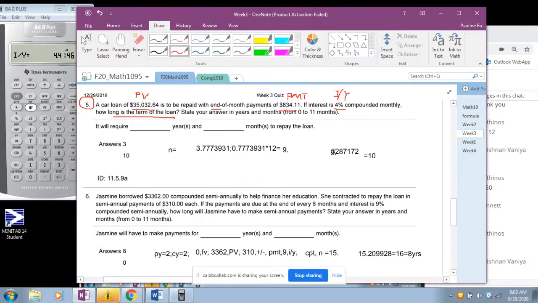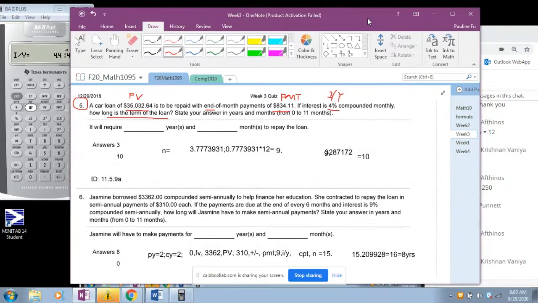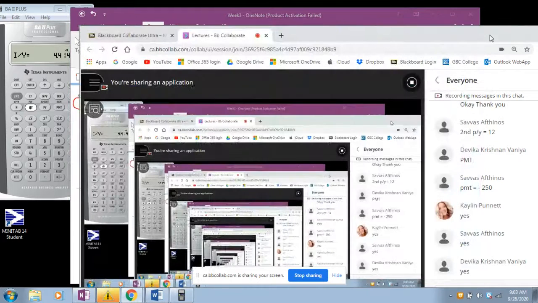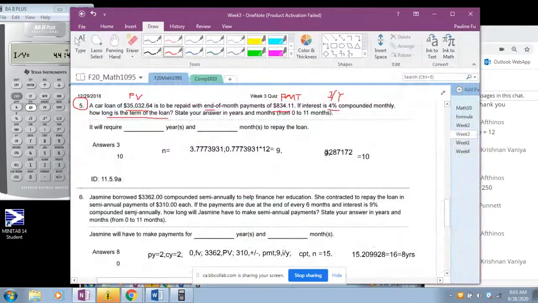So again, please help me. What do I do with this question? Anyone? Or do you want to try?